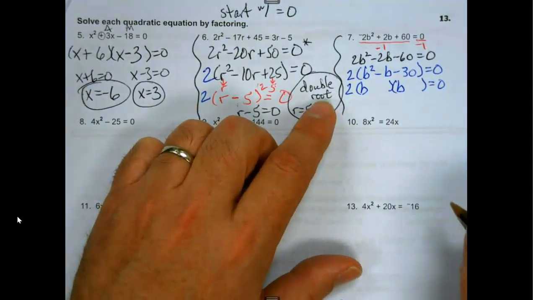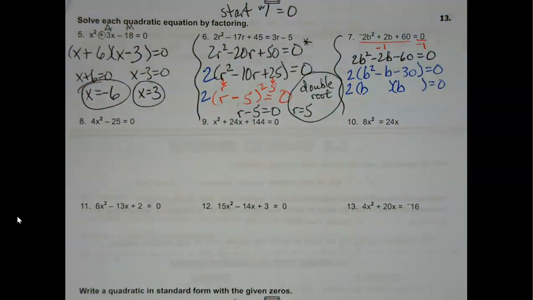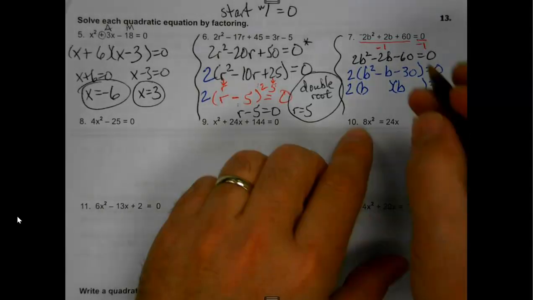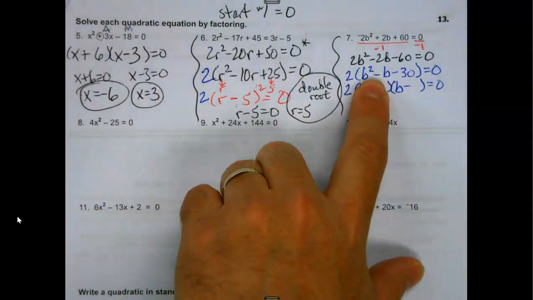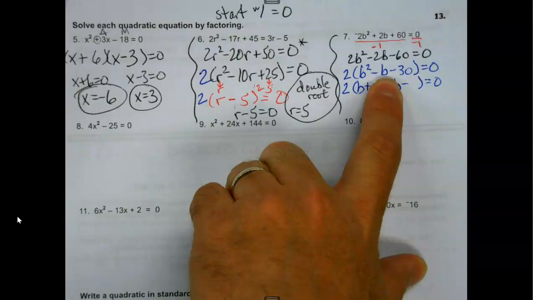And here we go again, back to normal regular factoring. I'm not even having to do guess and check or anything like that because I was smart and I took out that common factor. Now I'm just doing the regular old what multiplies to this and adds to this thing. It pays to take that common factor out. One of each sign. Bigger number is going to be negative. They're one apart. They multiply to 30.